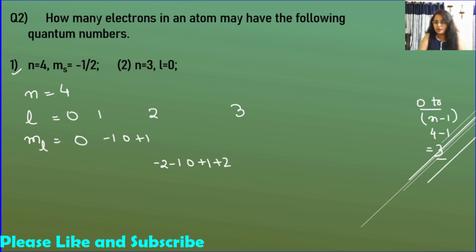The possible values of m should be minus L to plus L. In the same way for 3 it will be minus 3, minus 2, minus 1, then 0, then plus 1, plus 2 and plus 3.